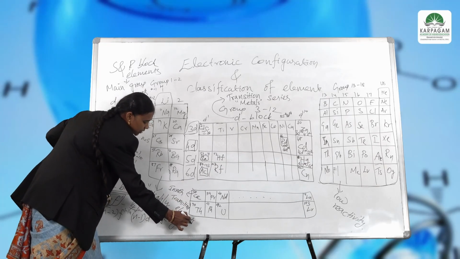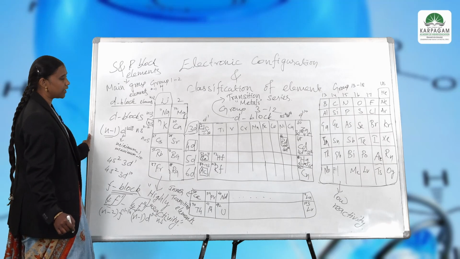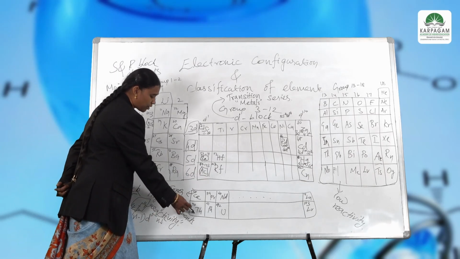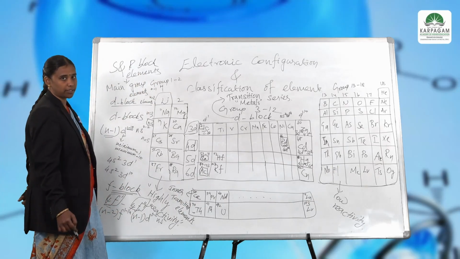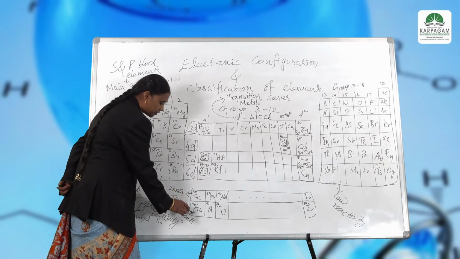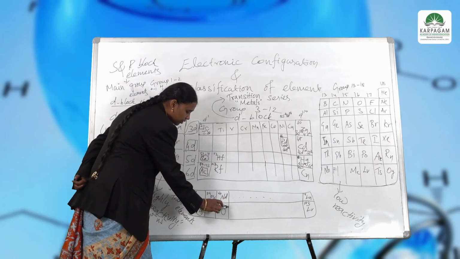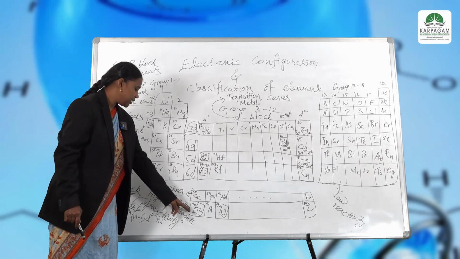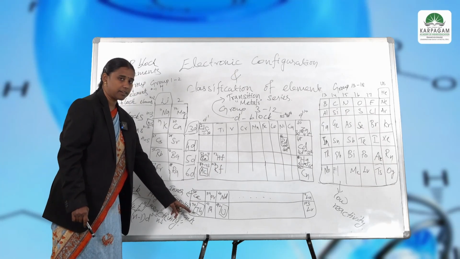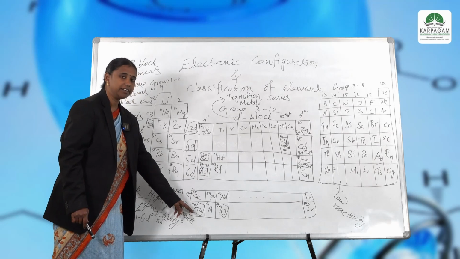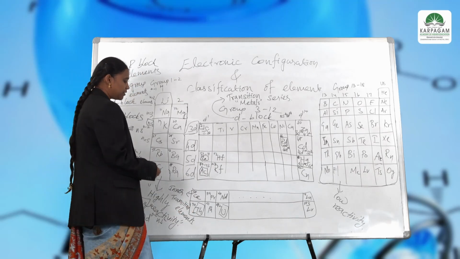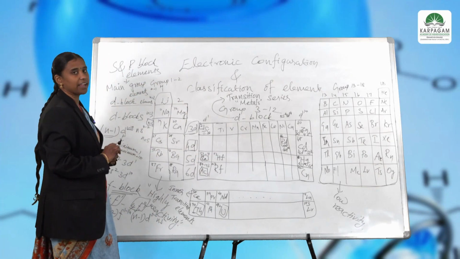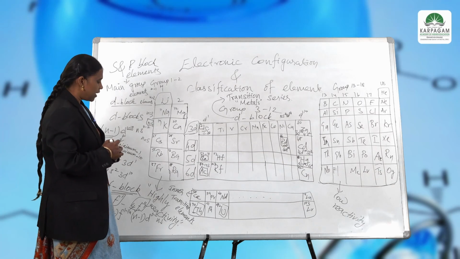In these inner transition elements, another main criterion is that most of the actinide series are radioactive. We know about thorium and uranium, two famous elements which were recognized early in the earth's crust in pure form, which are radioactive, and after uranium all elements are generally called transuranium elements.